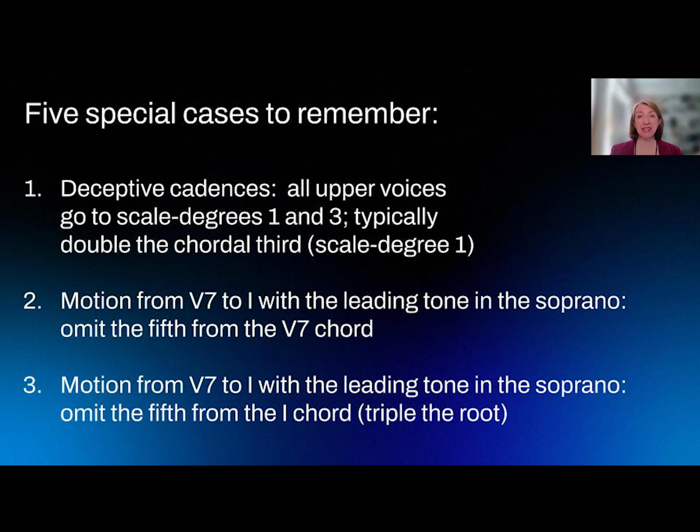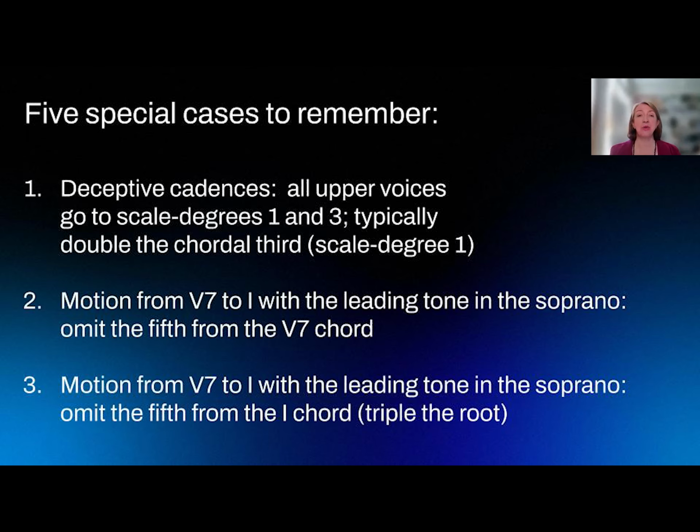Now, there are five special cases of doubling that I'd like to go over that are really important to practice. The first of these is in deceptive cadences. All your upper voices, your soprano, alto, and tenor, should go to scale degrees 1 and 3 in a deceptive cadence, and that typically will result in a doubled chordal third, which is scale degree 1.